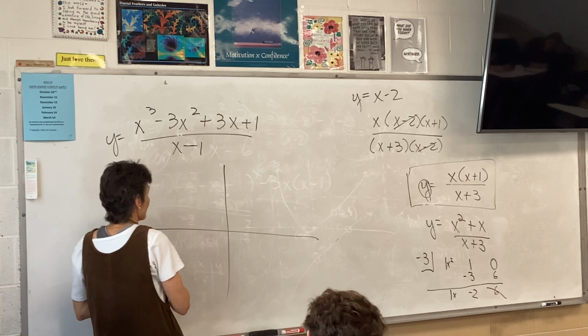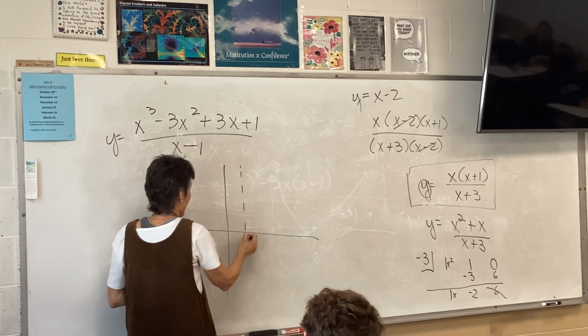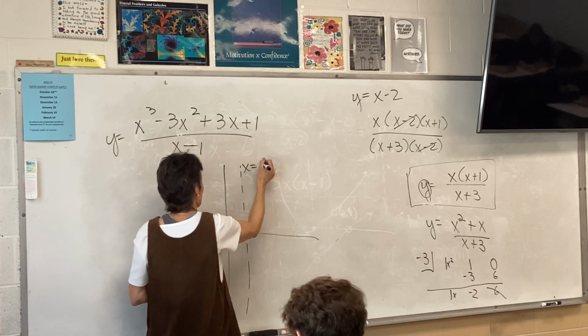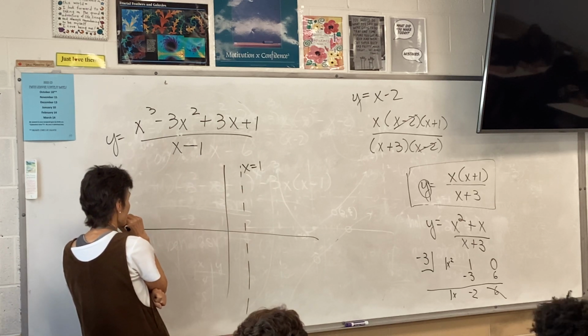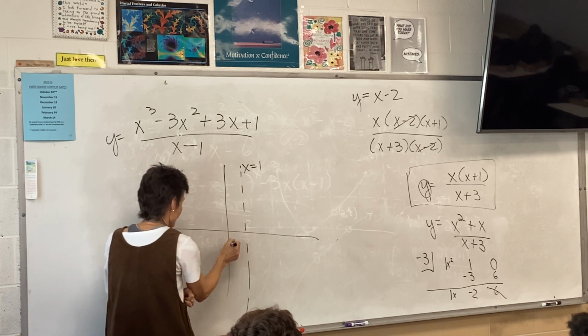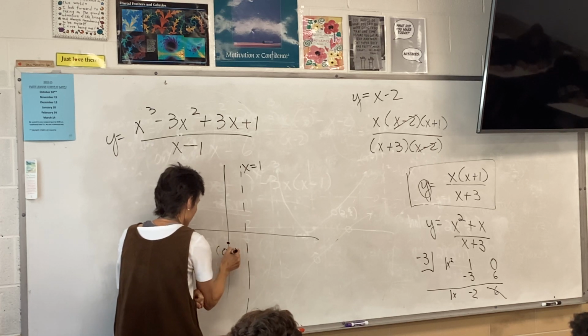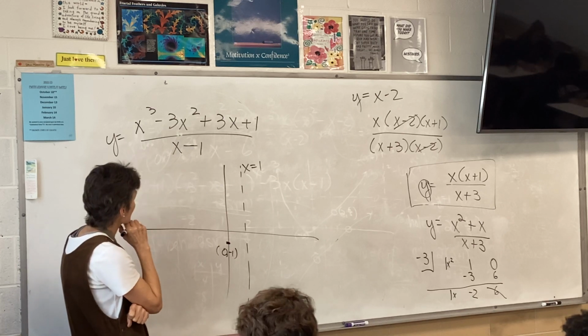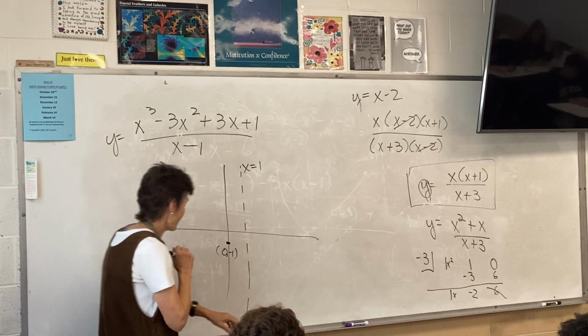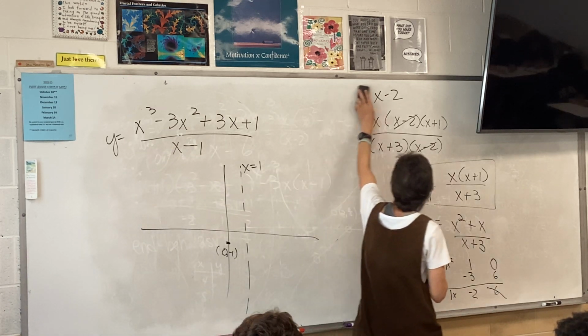We know it has a vertical asymptote at 1. We know it has a y-intercept at -1, right? We couldn't find the x-intercepts. How about an end behavior asymptote?